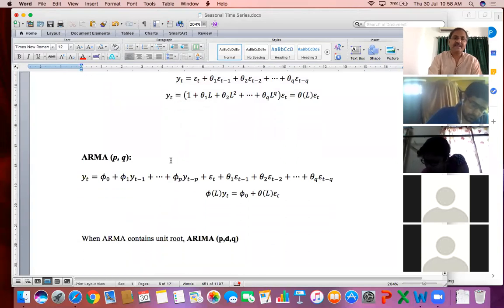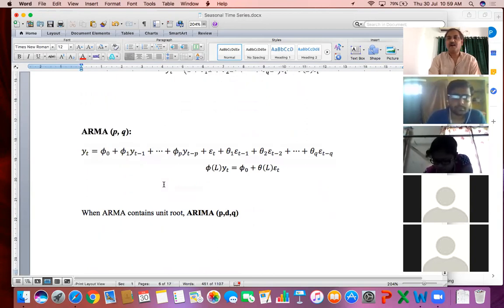In many cases, the time series you have may follow a mix of autoregression and moving average. If a particular series follows both, then we say the series follows ARMA, autoregressive moving average of order p, q.